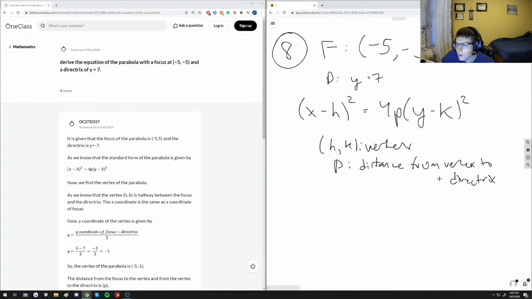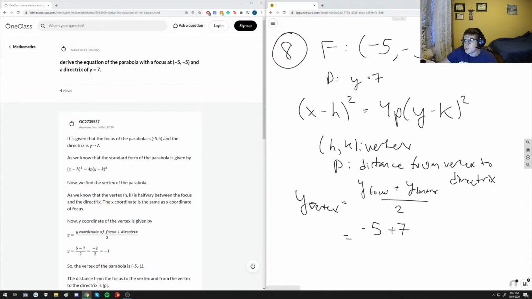To find the y-coordinate of our vertex, we take the y-coordinate of our focus, add it to the y-coordinate of our directrix, and divide by 2. The y-coordinate of the focus is -5, and the y-coordinate of the directrix is 7. So we're basically finding the midpoint, right?